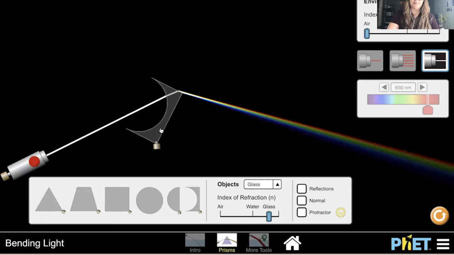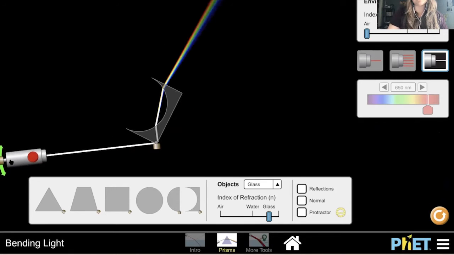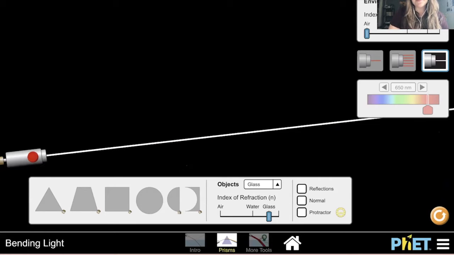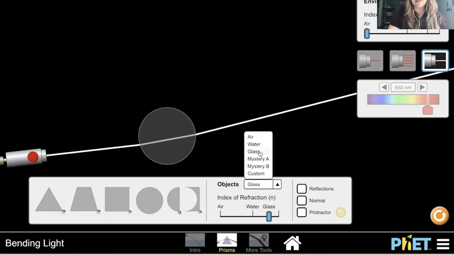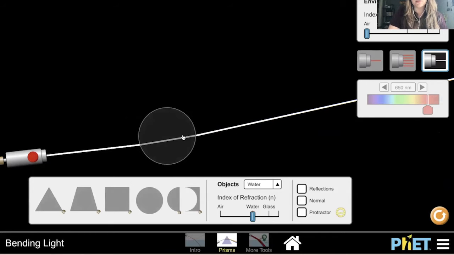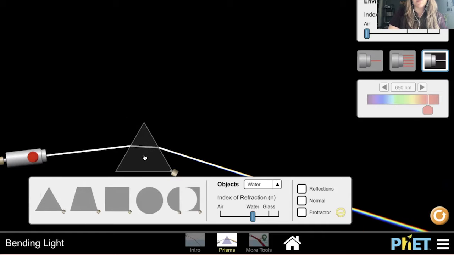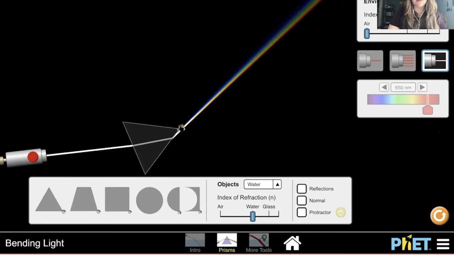So I encourage you to play with this. This will be on the handout you have for class. This is really cool to play around and see different types of light and some stuff that happens like that. And you can also play around with different things like water. Well, I want this to be water. Give me water or give me death.